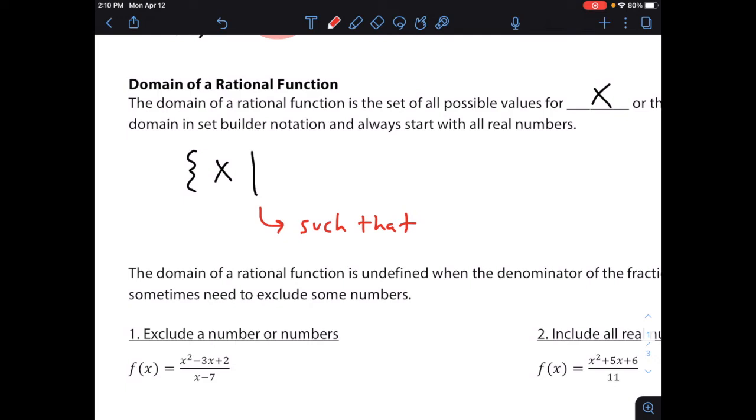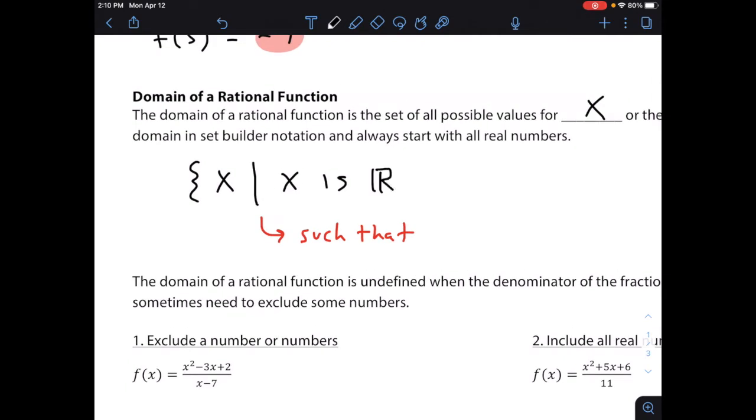Well, the first thing that we need to define x to be is all real numbers. So that's why it says we always start with real numbers. So we're going to say x such that x is, and I'm going to use a symbol here for real numbers, and it's a funny looking R that has two vertical lines. Okay, so it's x such that x is real. And so this is about the simplest form of set builder notation that you can start with. And basically what this is telling you is that the set is all real numbers, okay?